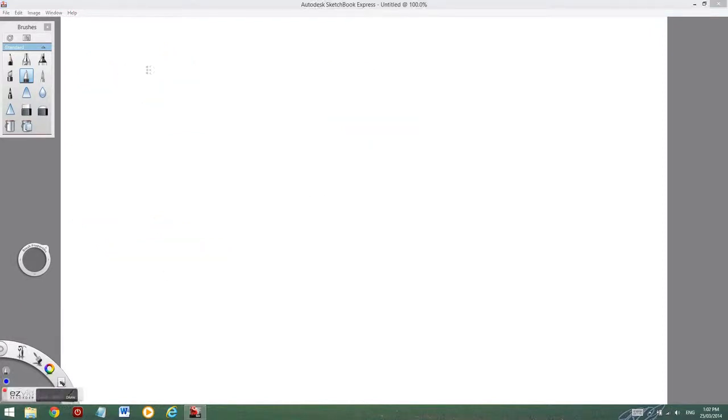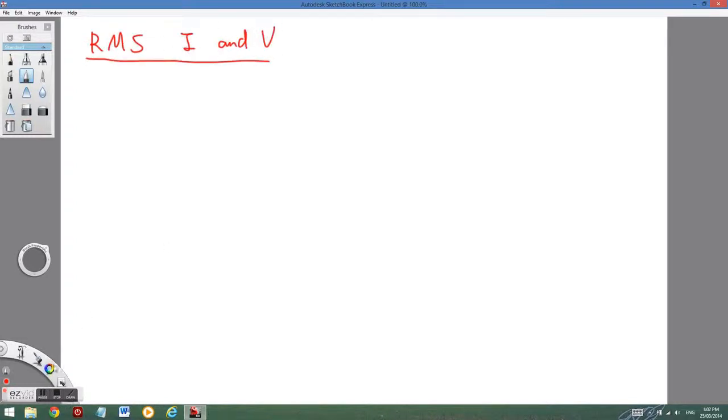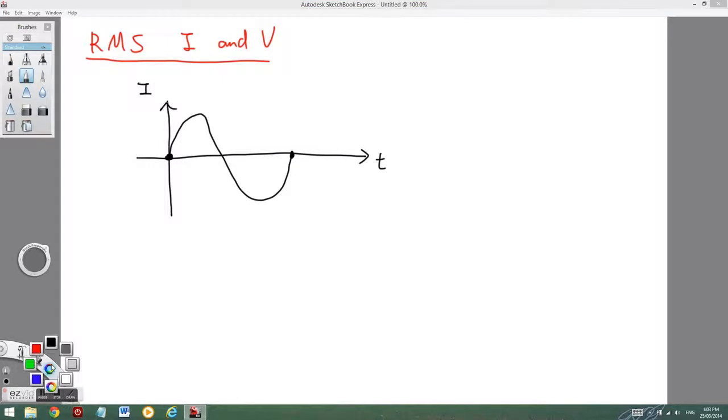Now let's look at what the RMS value is. We have RMS value for current and voltage. For AC, the current would always have a sine wave shape. So how do we indicate the actual current? One way would be to always use the maximum current.